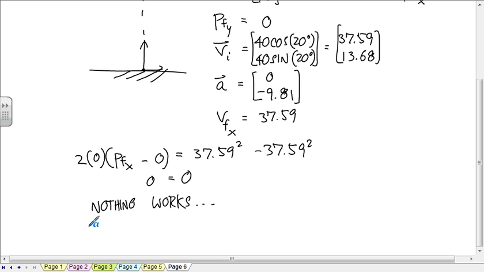So PFY 0 is equal to 45 plus 13.68 times TF minus 4.905 TF squared. Can we do this with a square root, or do we have to use quadratic formula for that? Yeah, quadratic formula. So I don't have a calculator down here.